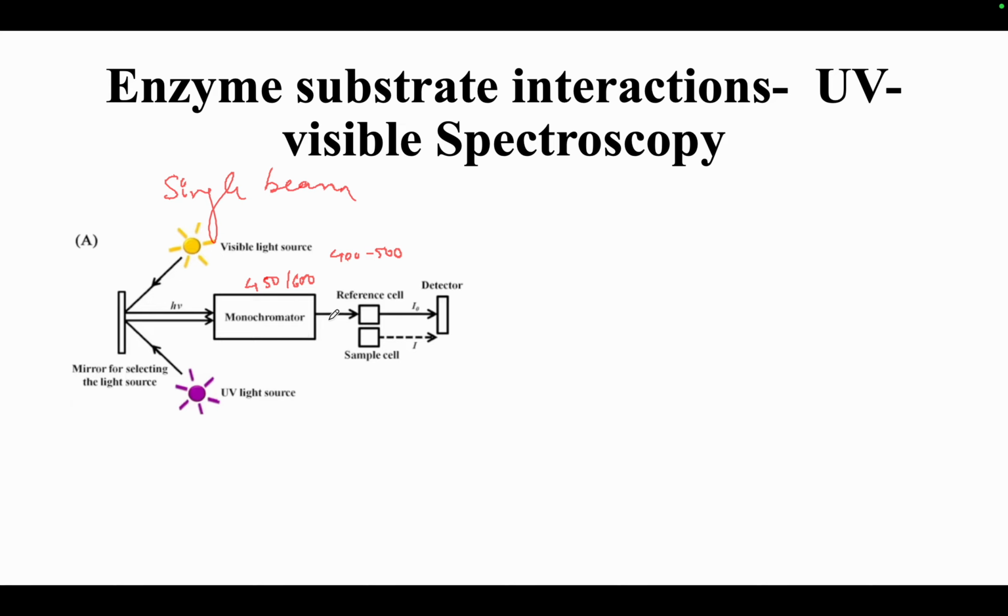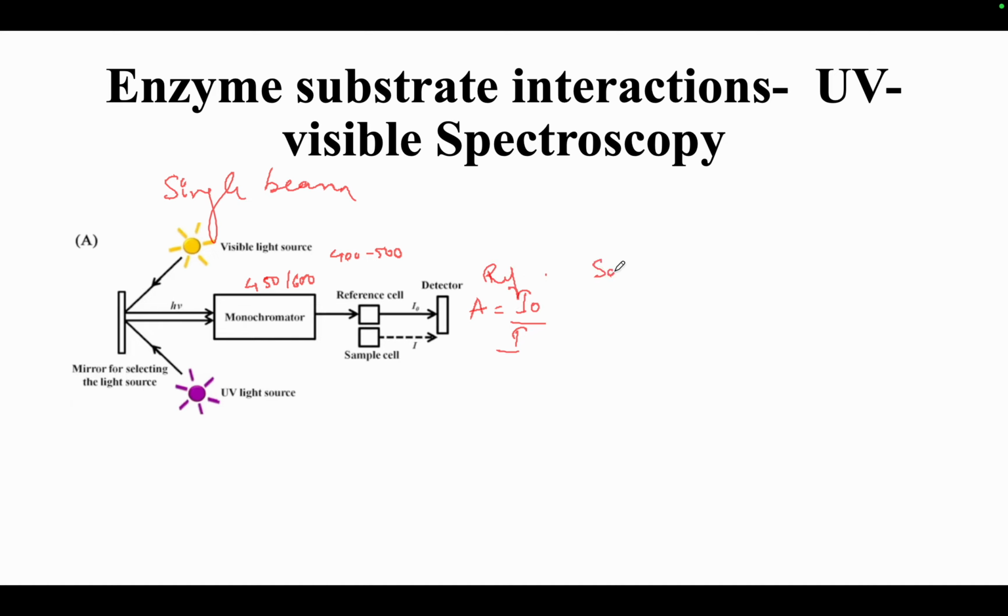and then we have a detector. So we have a single beam going into the reference cell, and a different beam will go into the sample cell. The beam goes into the detector, and it will show us some absorbance which is directly proportional to the incident light, and this is for the reference.